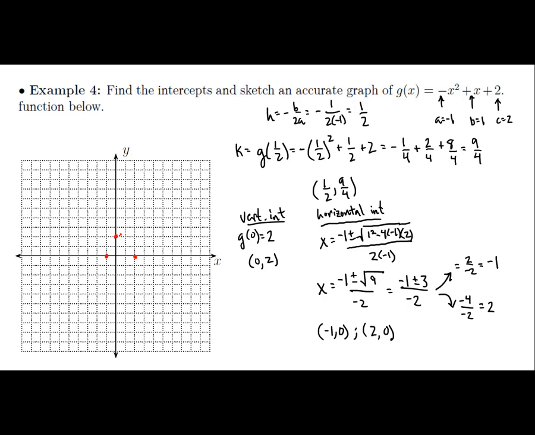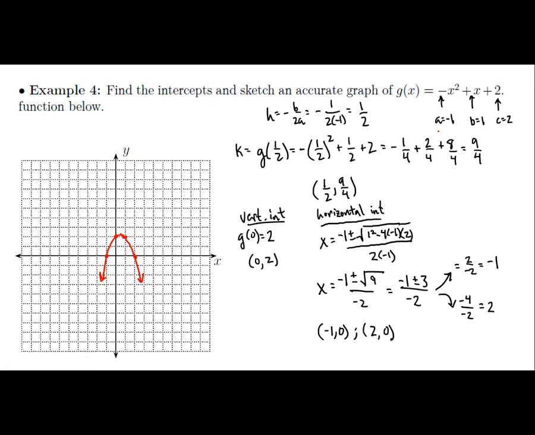So that puts me there. And then by symmetry, I could also know that I'm right here as well. All right, and so that gives me a good sense of what this function looks like. All right, so there's a graph of the function g of x equals -x squared plus x plus 2.